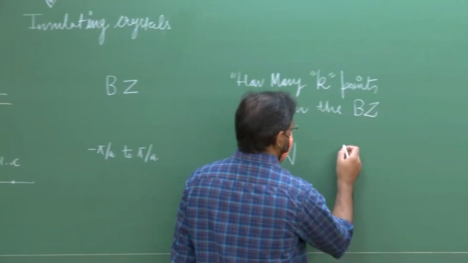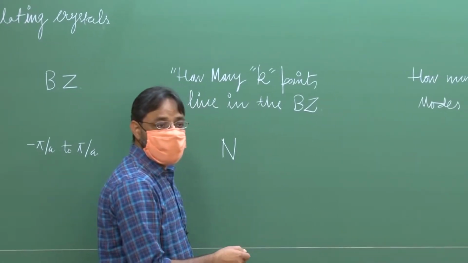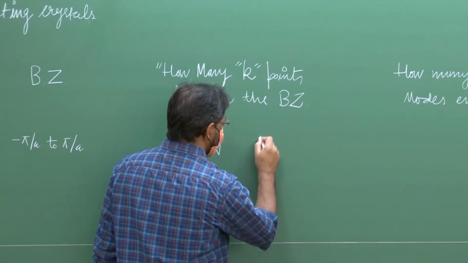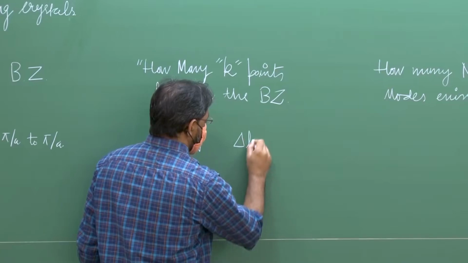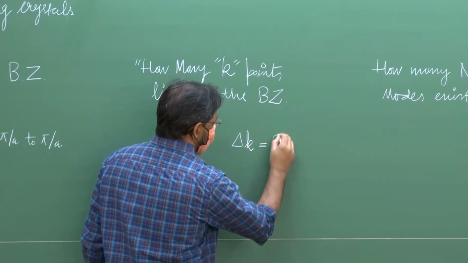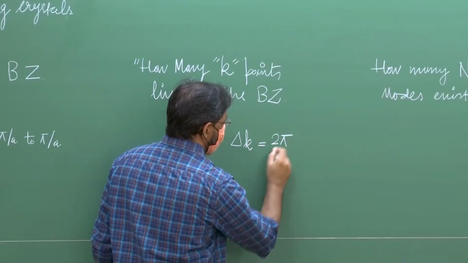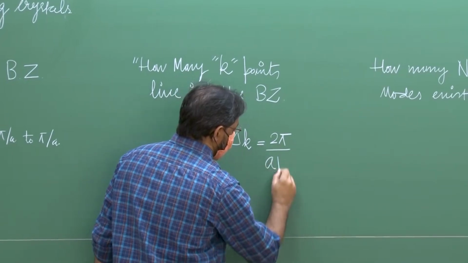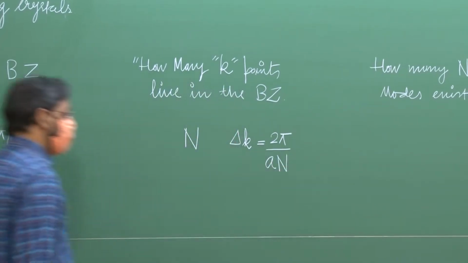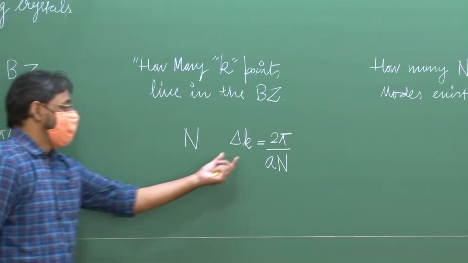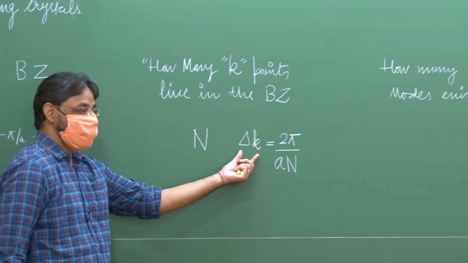What is the spacing between any two k points? We are going to call that delta k. So, how much is delta k? Delta k is 2 pi over A N. That is how small the spacing is.